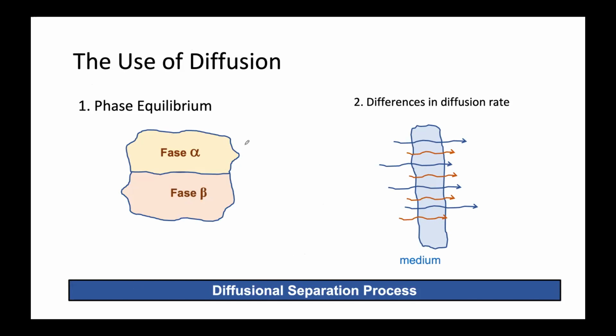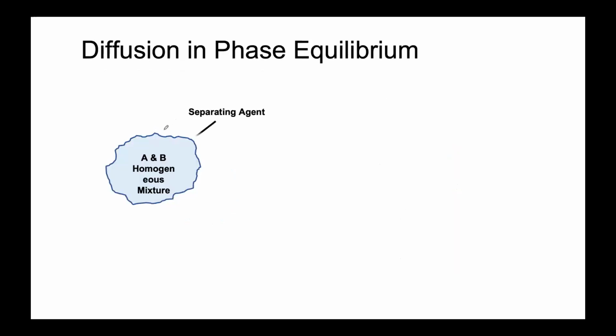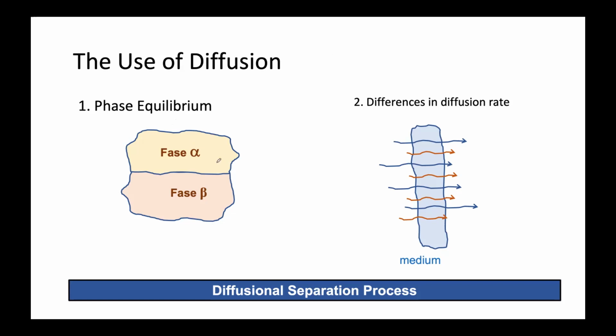That's why we need chemical engineering thermodynamics, because we need to know the thermodynamic properties of phases. Let's say we have a mixture, and the mixture in equilibrium can be separated into two phases, alpha and beta. If we can separate them into two phases, alpha and beta, then we can separate it.